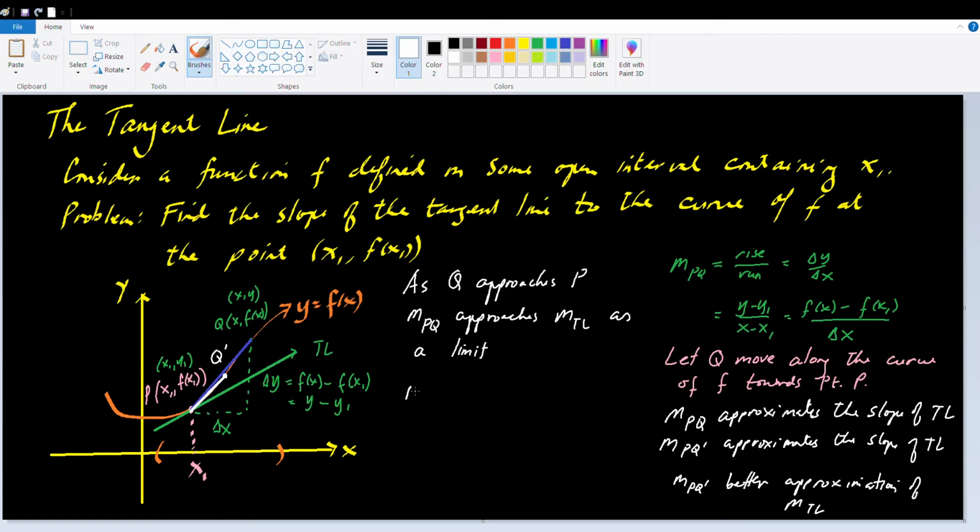So we shall write the slope of the tangent line as the limit of the slope of the secant line as Q approaches P. As Q approaches P, our delta x approaches 0. So we can also write the slope of the tangent line as the limit of the slope of the secant line as delta x approaches 0.